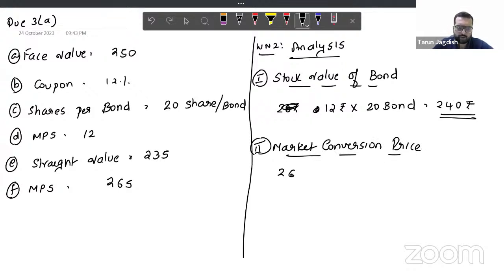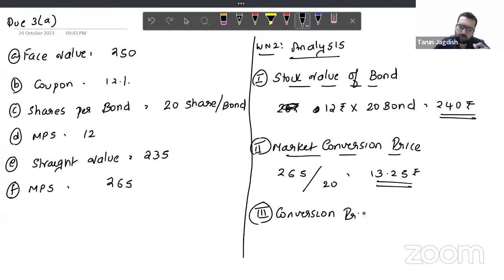So what do you mean by market conversion price? 265 is the price of one bond. If I convert that into 20 shares, ideally the price per share should be how much? 13.25. But right now, what is the price of a share? 12. What is the difference? 1.25. This 1.25 has to be given by way of premium. So I'll write down over here conversion premium.